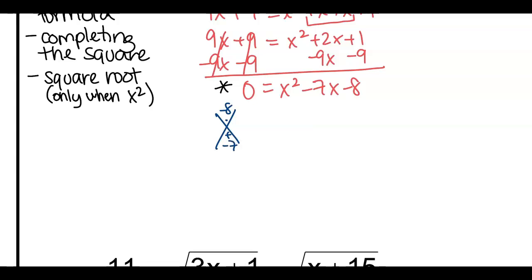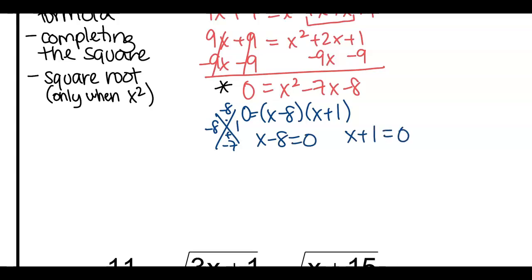So the only two numbers I can use are -8 and +1. Since your leading coefficient in front of x squared is a +1, you can write both of your binomials. So we're going to make this x minus 8 and x plus 1. Both of those are equal to 0. So we're going to set x minus 8 equal to 0 and x plus 1 equal to 0.